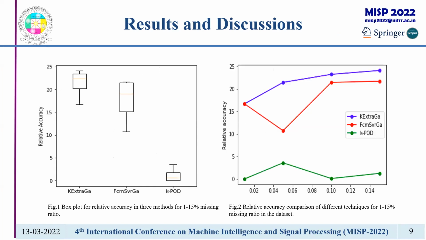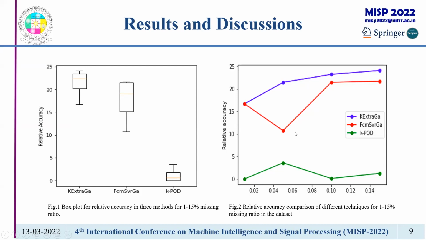These are the graphs: here we have a box plot for relative accuracy of the 3 methods for 1 to 15% missing ratio, and figure 2 is the relative accuracy comparison of different techniques for 1 to 50% missing ratio in the data set. A box plot is basically used for a visual summary of the data, enabling researchers to quickly identify the mean value, dispersion of the data set, and signs of skewness.